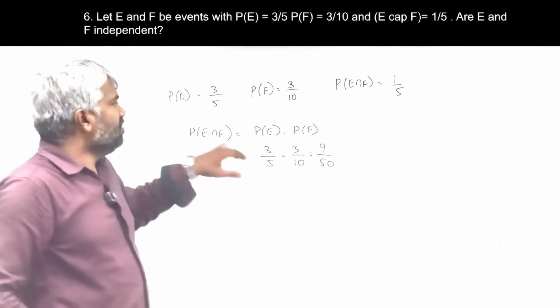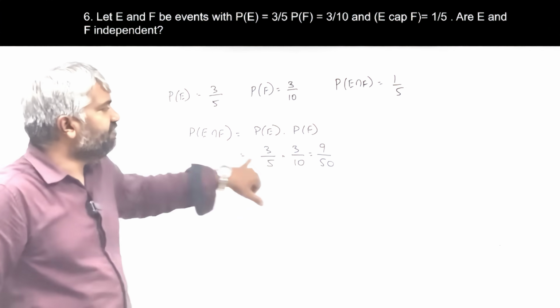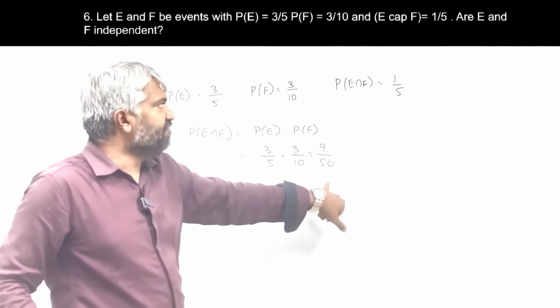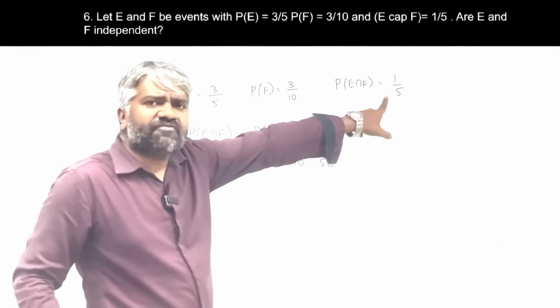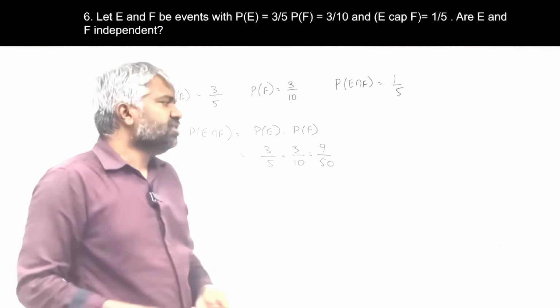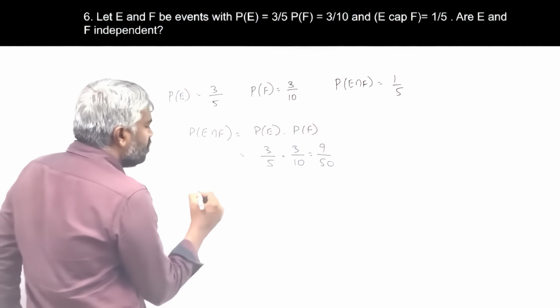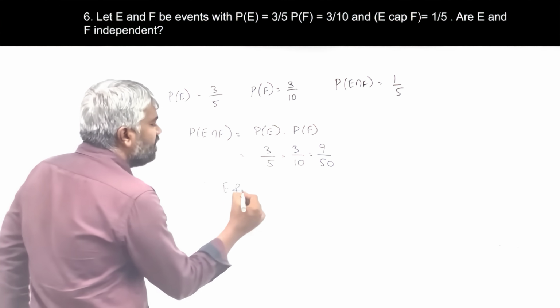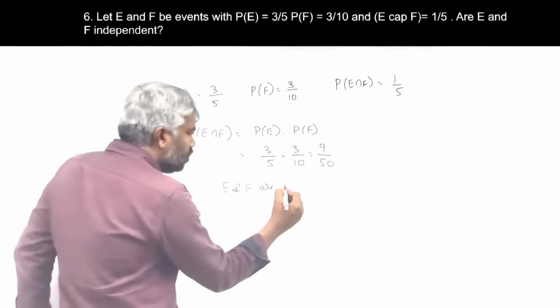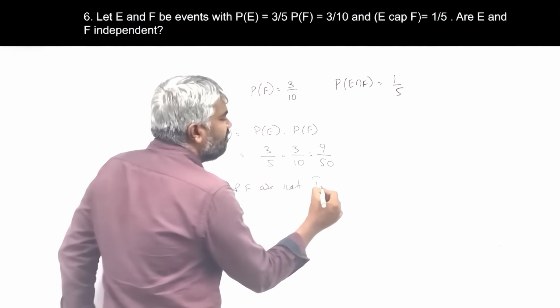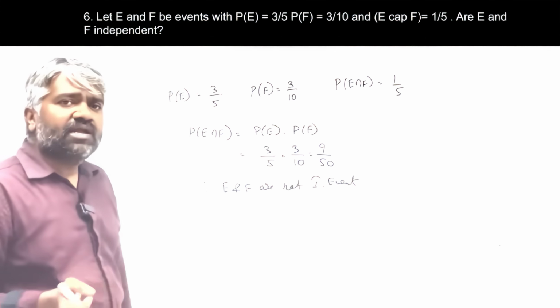See, P of E intersection F, what we have derived over here is 9 by 50, but in the given data it is 1 by 5. Are they both equal? No. Therefore, E and F are not independent. Now we will move to the next question.